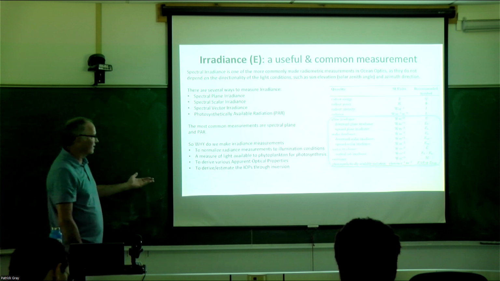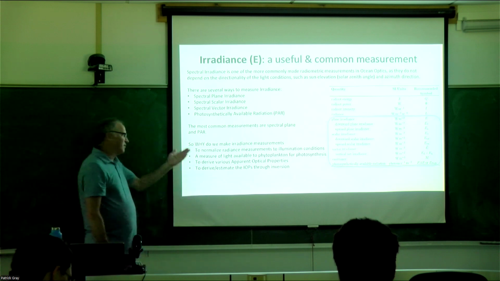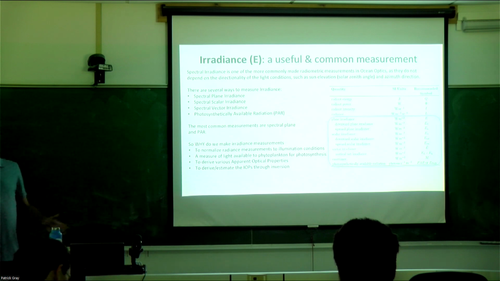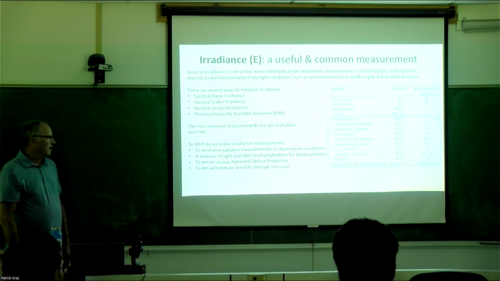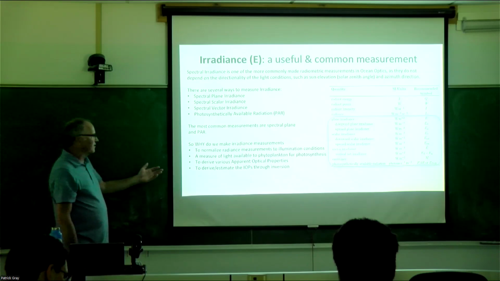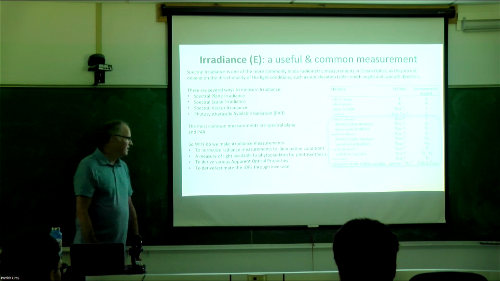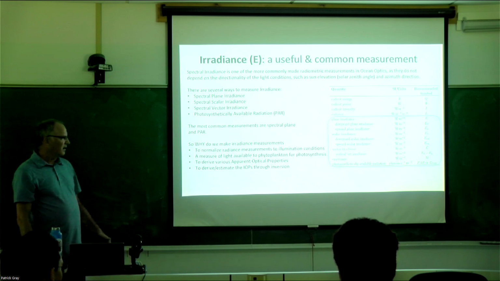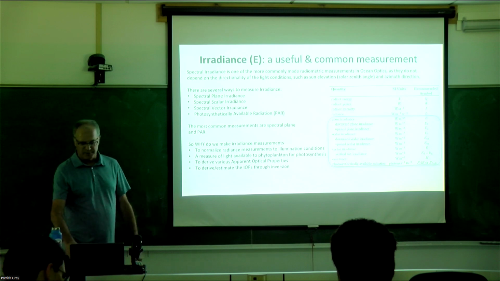So it's a normalizing factor. It's also a good measure of light available to phytoplankton for photosynthesis, whether it's a PAR integration or not. And we also use these measurements to derive various optical properties, through those AOPs, and infer IOPs.